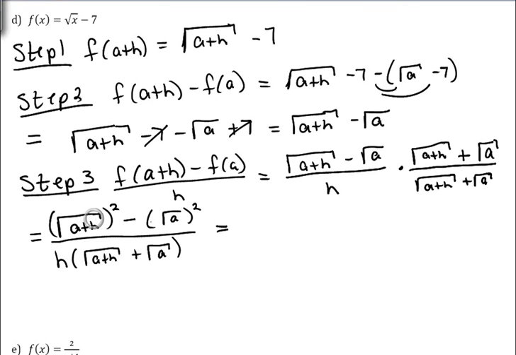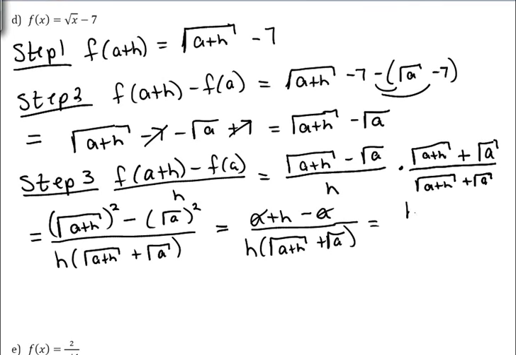So when we square this, we're just left with a plus h, minus, when we square the square root of a, we're left with a. So positive a and negative a cancel, and we're left with h over h times the quantity square root of a plus h plus the square root of a.